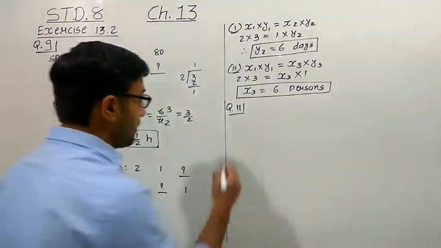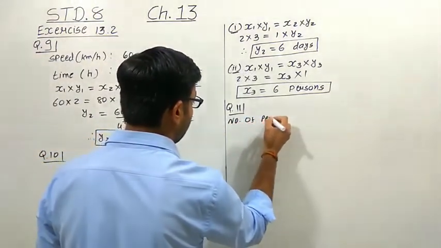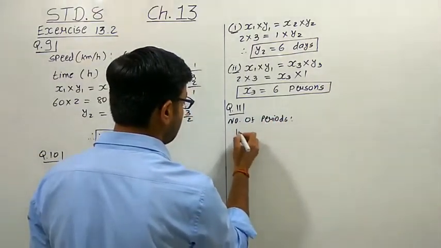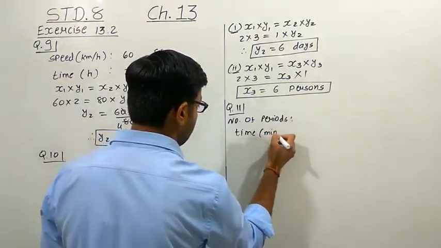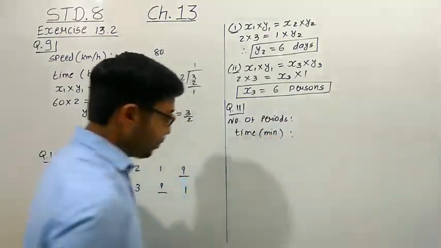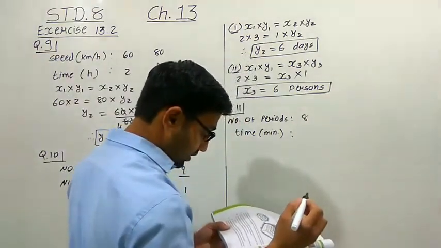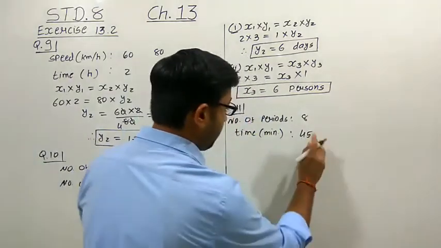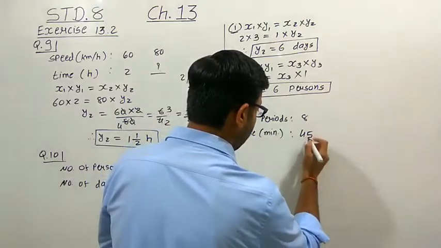So two quantities are there: number of periods, and the second quantity is time. The time is in minutes. So if the number of periods is 8, then each period has 45 minutes.